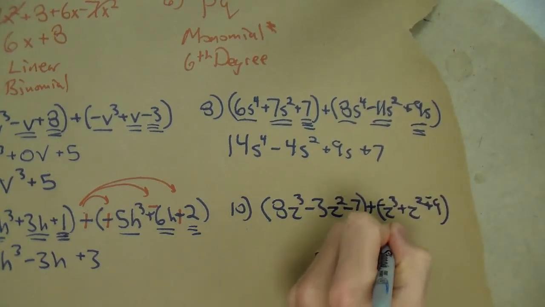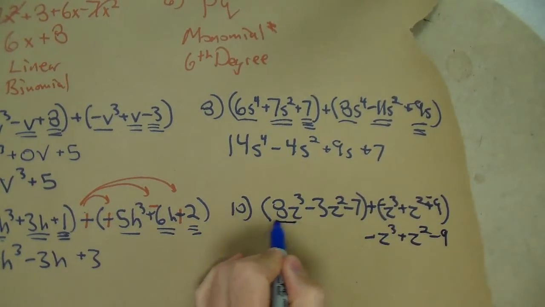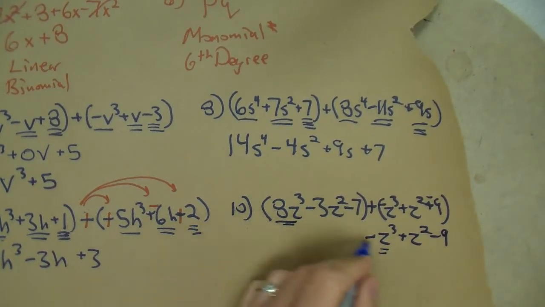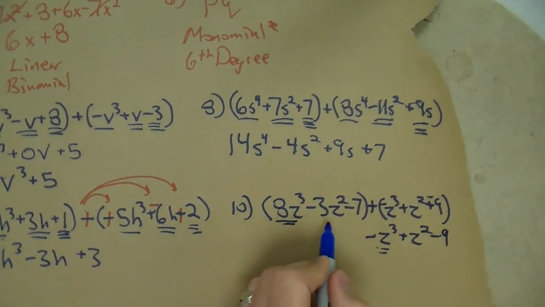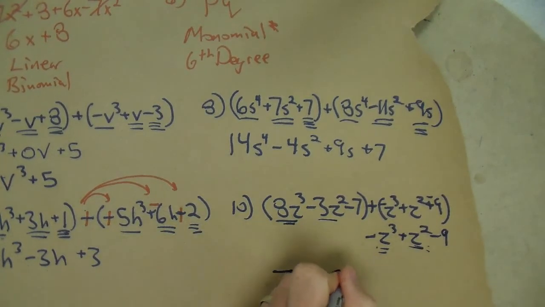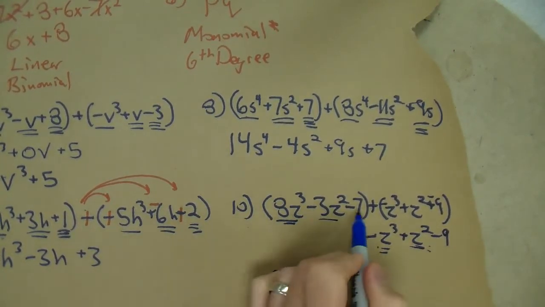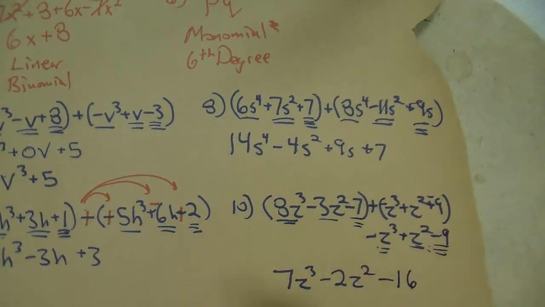I got negative z to the third plus z squared minus 9. So I have 8z to the third minus z to the third is 7z to the third. Minus 3z squared plus z squared gives me negative 2z squared. And then negative 7 and negative 9 is negative 16.